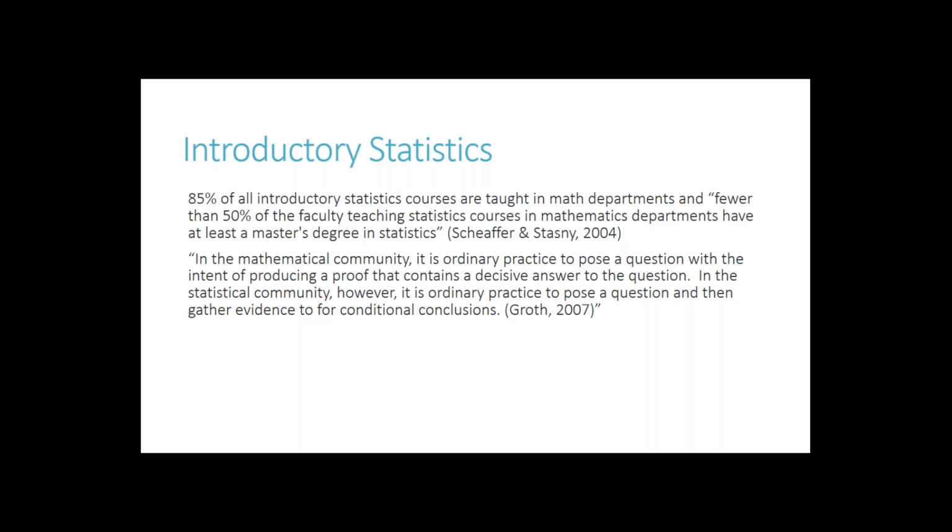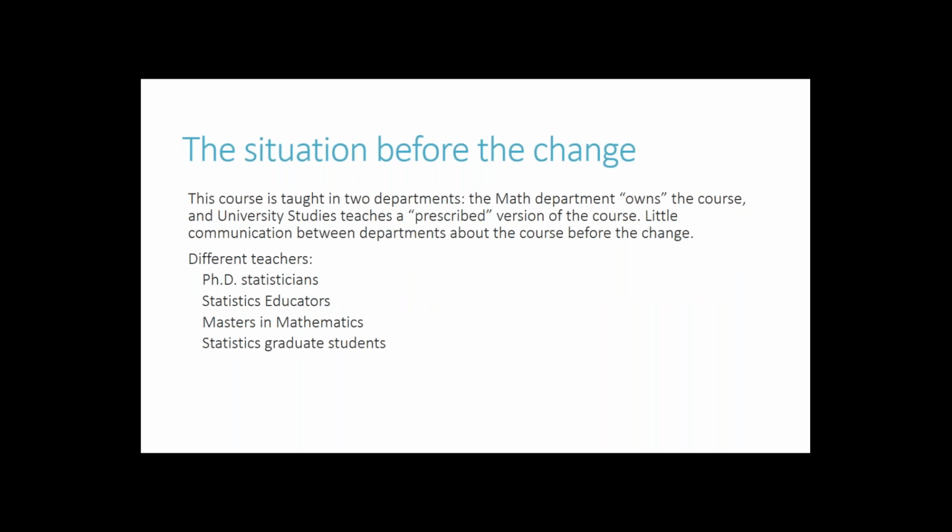In our university, this course, Applied Statistics, is taught by two different departments. The math department technically owns the course. The math department chooses the textbook and writes the common final exam. But there's a prescribed version of the course that is taught through the University Studies Department.